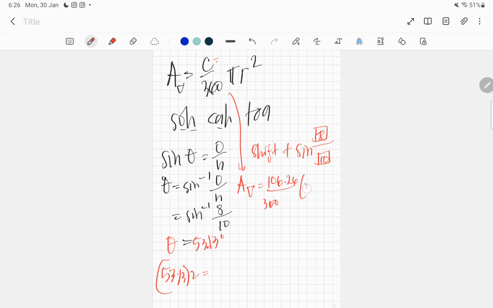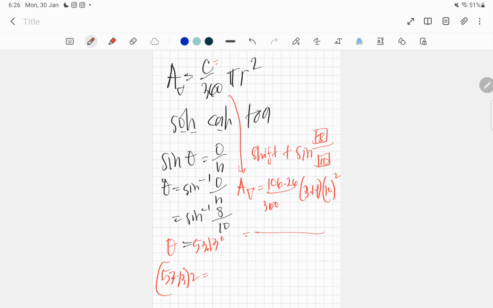Times pi, that is 3.14, times the radius na 10. Yung given natin kanina na radius, that is 10 raised to 2. If you have mano-mano na calculator, i-multiply nyo muna yung mga numerator. So 106.26 times 3.14 na pi times 100. 10 raised to 2, that is 100.